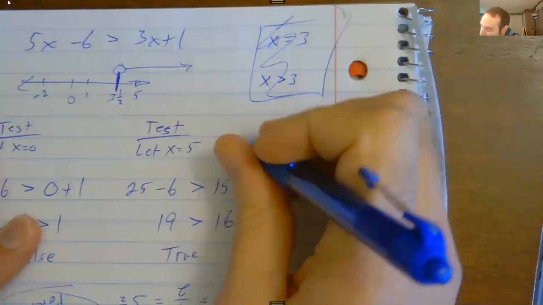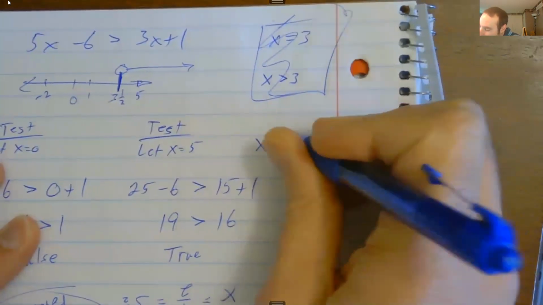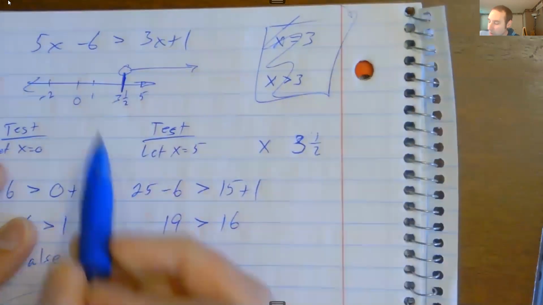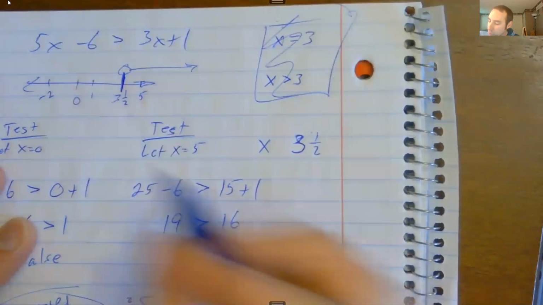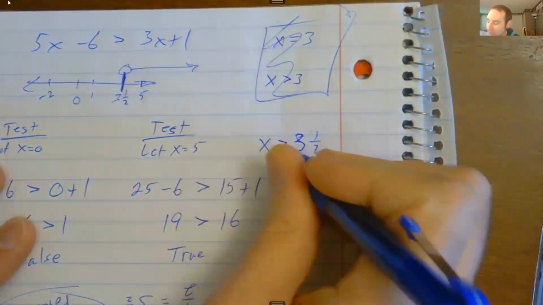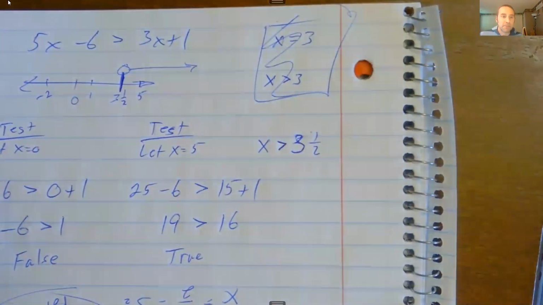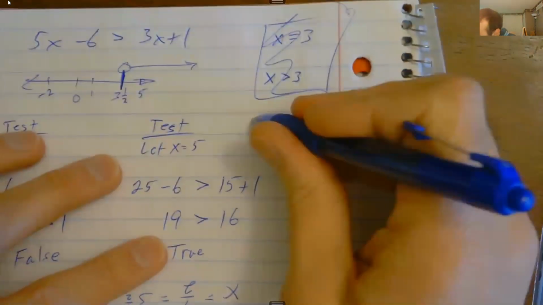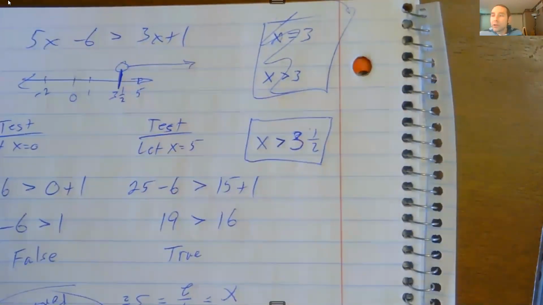Basically, it looks like all of these points that make this work are to the right of 3.5. That means that x being greater than 3.5 is a way to describe all the x values that make this true.